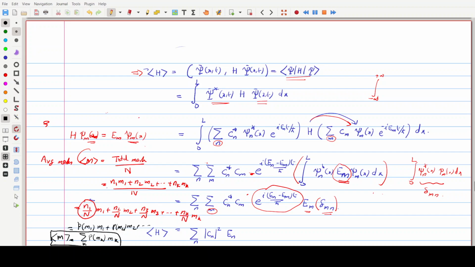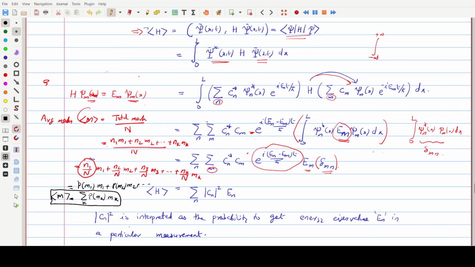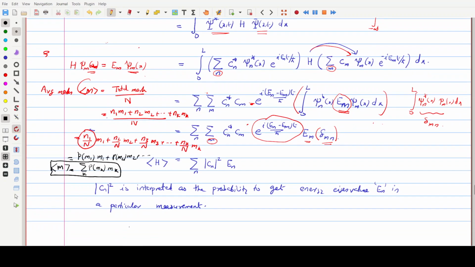So if you compare these two, what will be the interpretation of mod Cn square? The mod Cn square can be interpreted as the probability to get the energy eigenvalue En in a particular measurement.